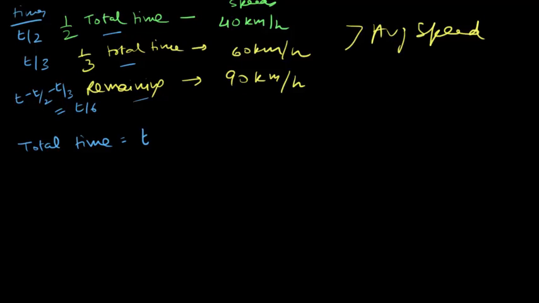Okay, so let us say my total time is equal to t. Now what is my total distance? Total distance is distance traveled during this plus distance traveled during this plus distance traveled during this. Total distance is d1 plus d2 plus d3. So what is d1? d1 is time t1 into speed 1.